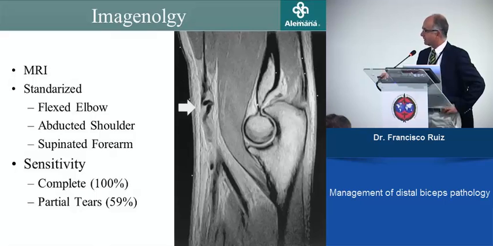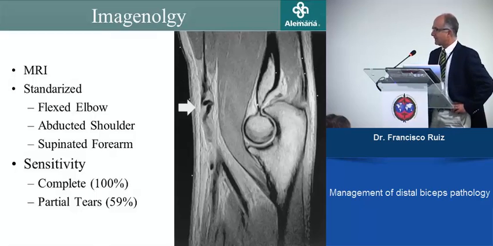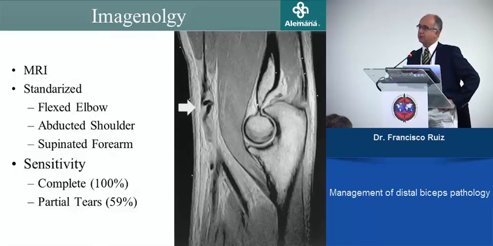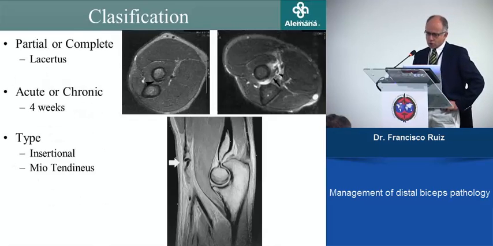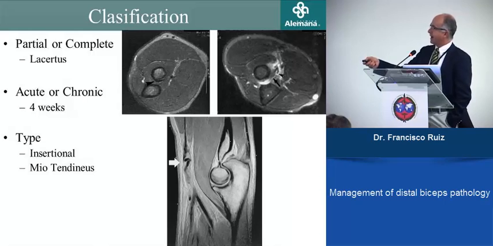We were able to see the rupture, especially the total ruptures. We have a sensitivity around 100% if the rupture is complete, but unfortunately the sensitivity is not very good when the tears are partial.